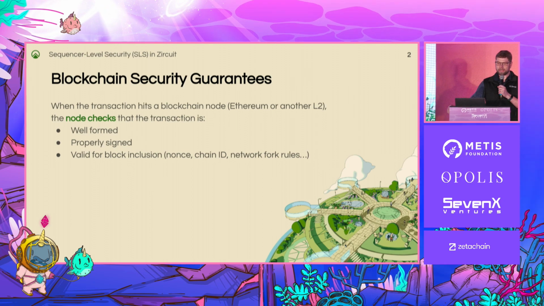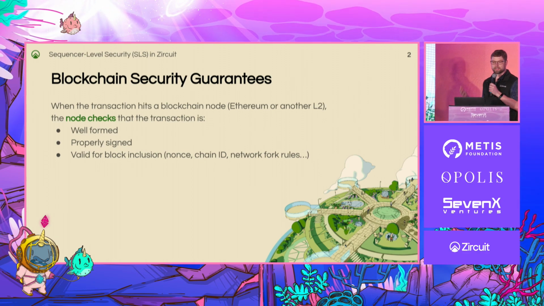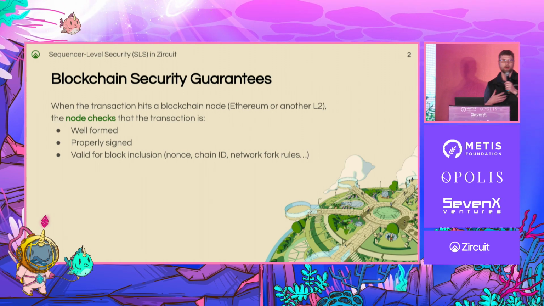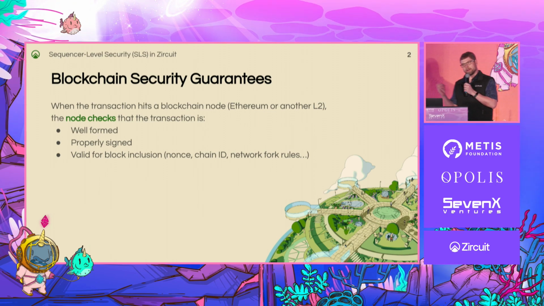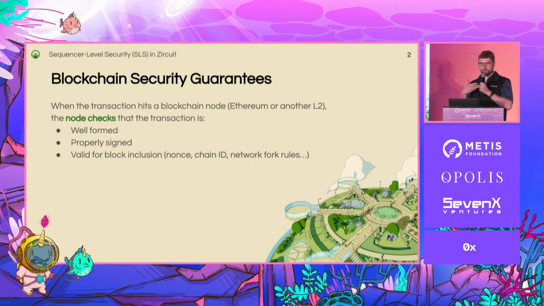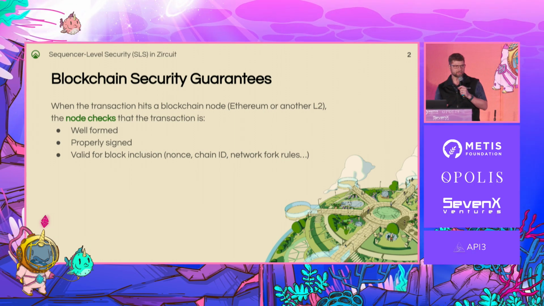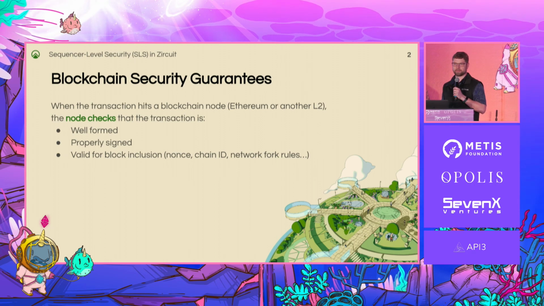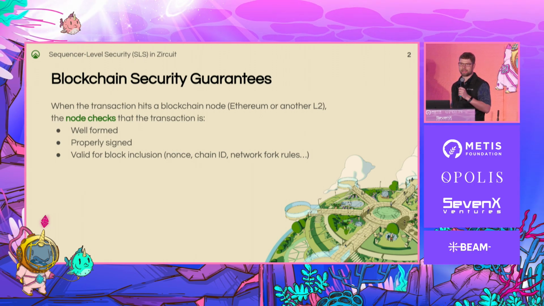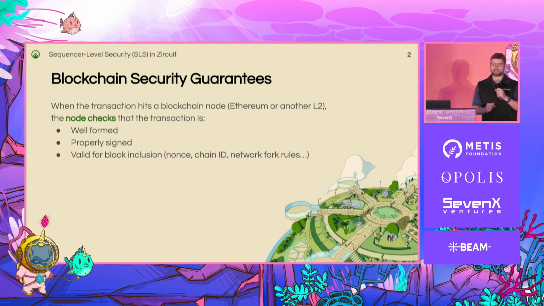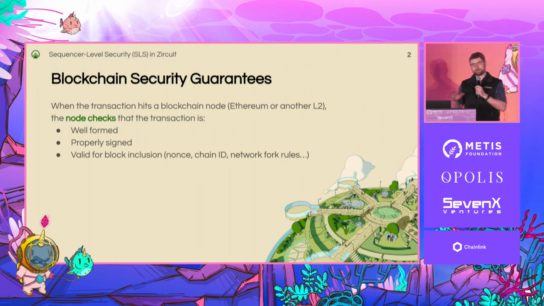When you look at blockchains, what is the state of the art for security that they offer to end users? When you take a transaction, you broadcast it to your favorite node, right? And then the node does a whole bunch of stuff. It checks that the payload it received is well formed, that it actually is a transaction. It will check that the transaction is properly signed, and that it is valid for block inclusion.